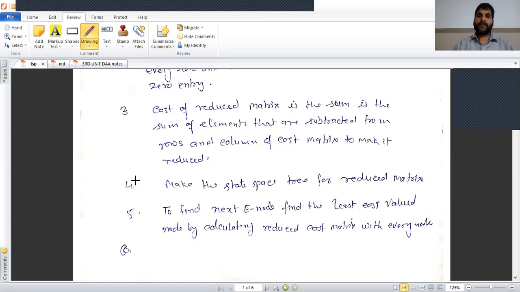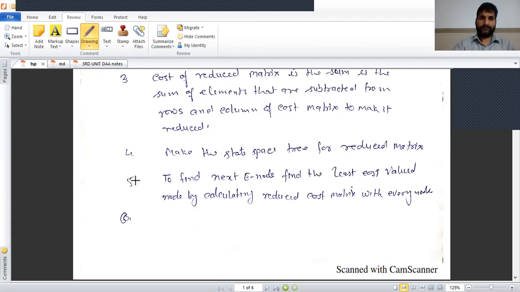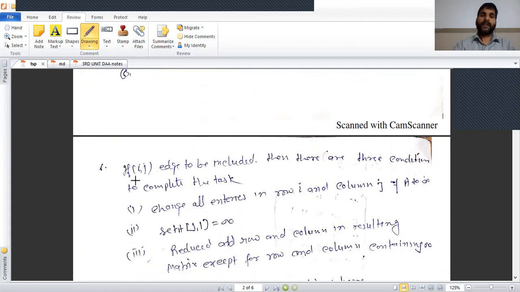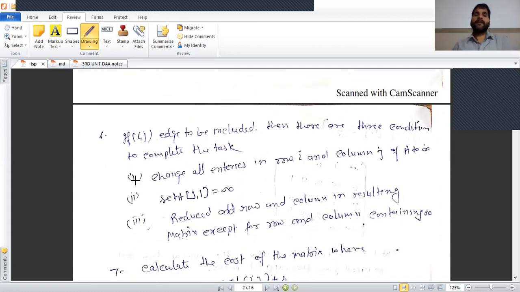In the fifth step, to find the next E-node, find the least cost value node by calculating the reduced cost matrix with every node. Now the sixth step: if (i, j) is to be included, then there are three conditions to complete the task.